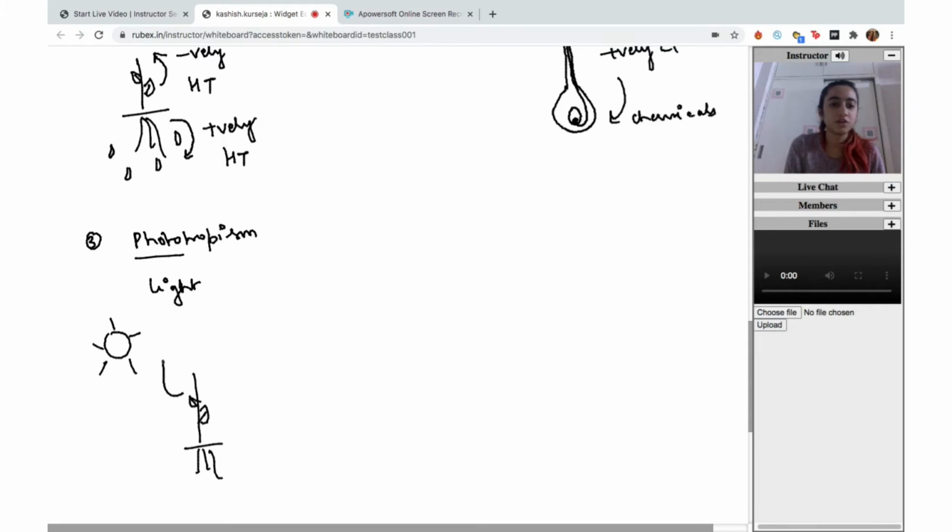Your shoot is growing towards the sun. Your root is growing away from the sun. Your shoot becomes positively phototropic. Your root becomes negatively phototropic. Simple example, very basic. Let's do one more. Geotropism.